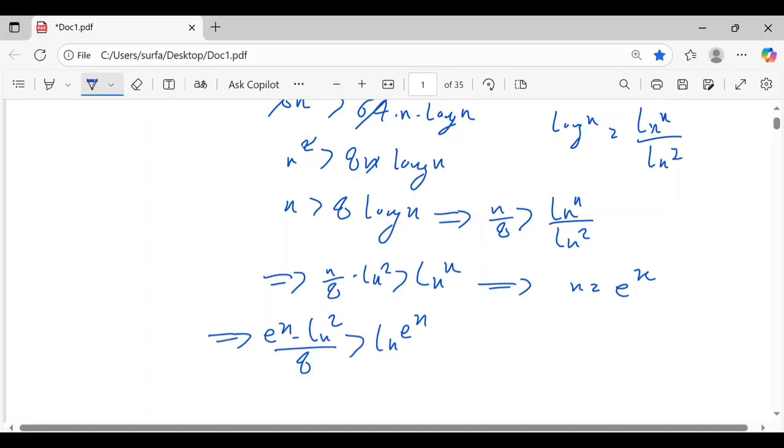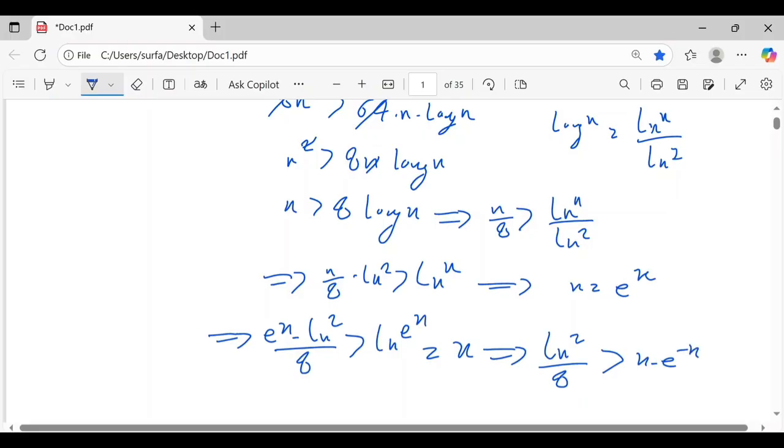And we know that this part is equal to x. For the rest, we will move e to the power 2x to the other side of the equation. So after that we have something that is greater than x.